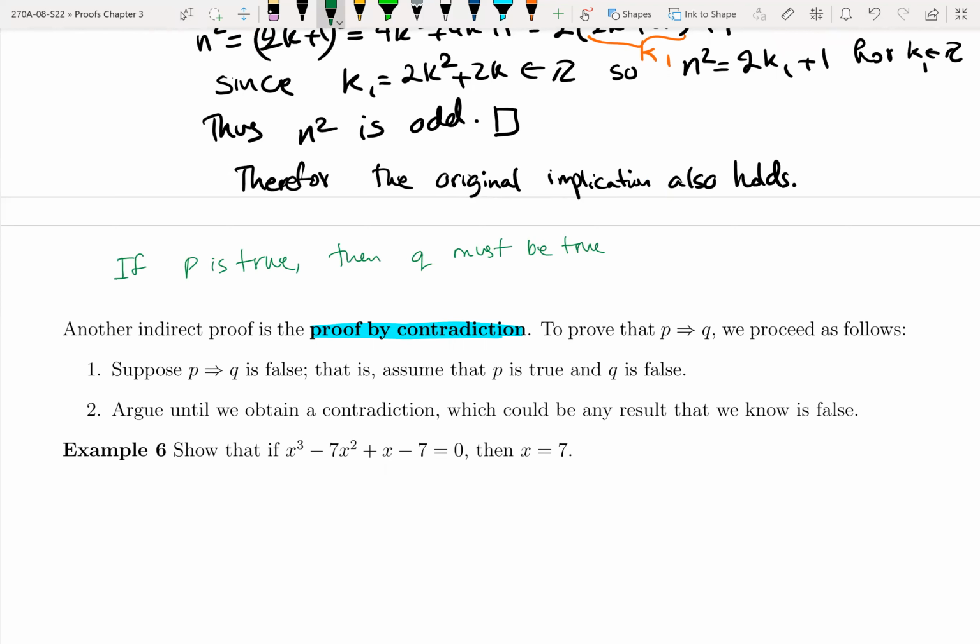Proof by contradiction is a little bit different. It says you consider that P is true, but Q is false. And then you do some steps and you get to a contradiction.